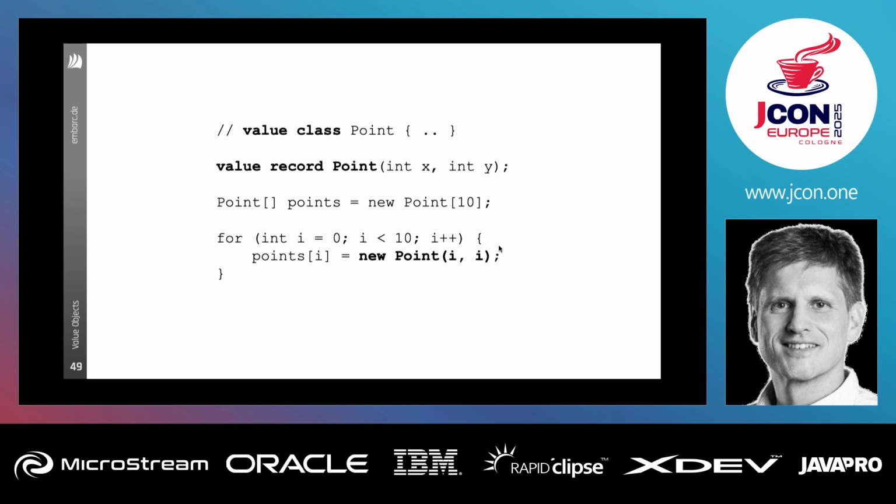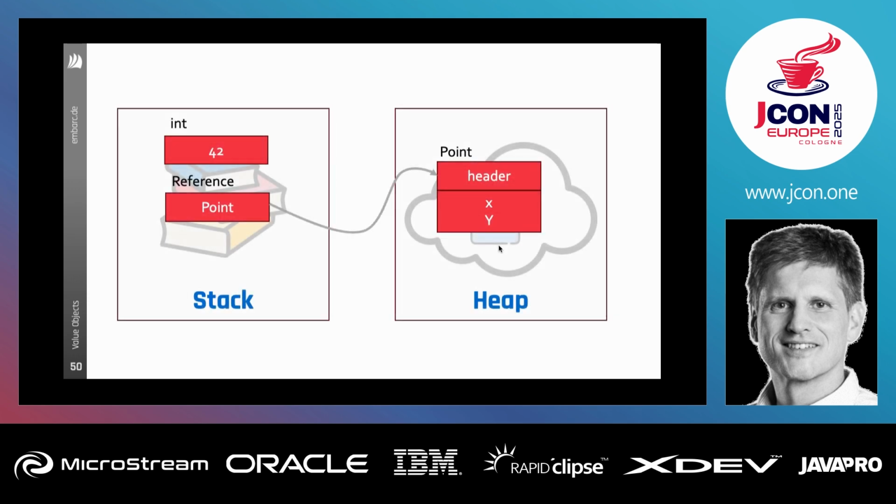And how much memory will it consume? Actually, I don't know, because that depends on the JVM. But the JVM can optimize it. In our example, we have a primitive int value of 42. We have a reference to a Point, which is quite a bit of overhead in the heap. If we have an instance of this value object Point, it can be inlined on the stack, and it will only contain the two values for x and y, with no header, no overhead.